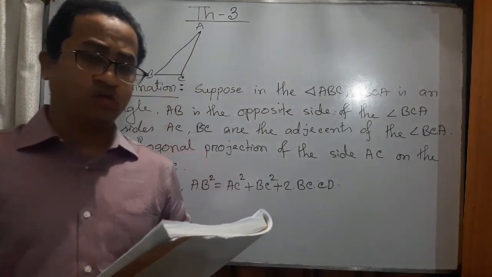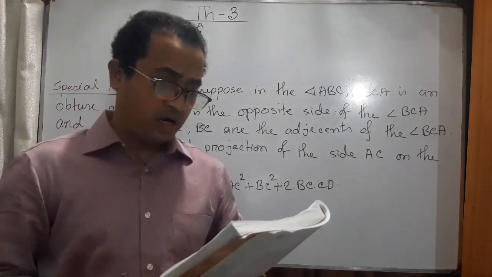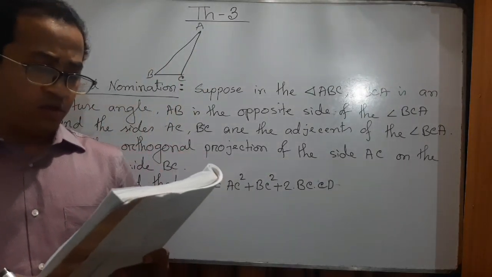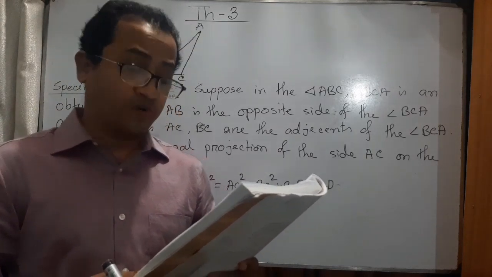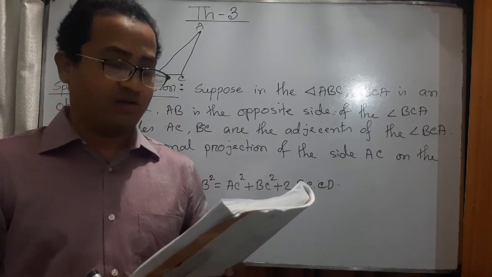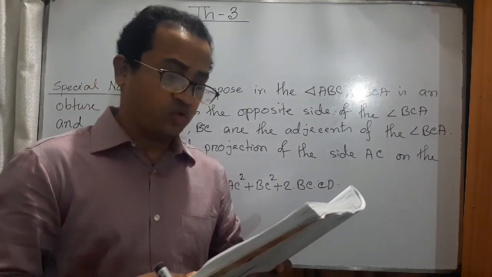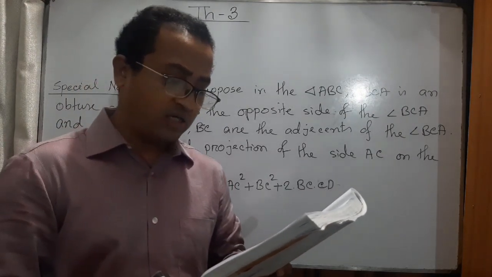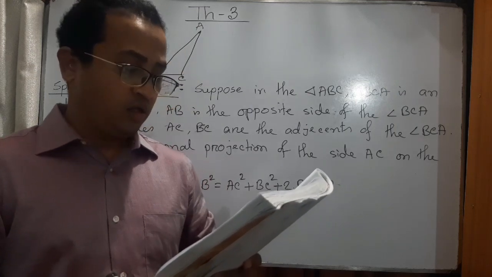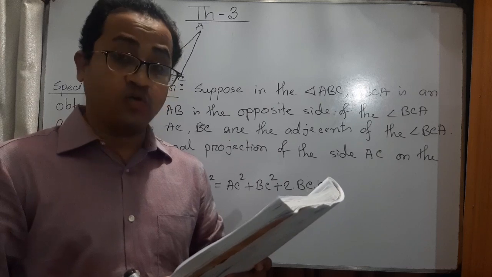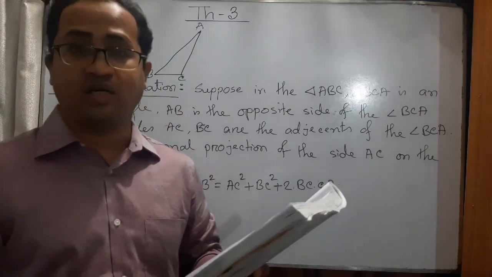I read out the question: the area of the square drawn on the side opposite the obtuse angle of an obtuse angle triangle is equal to the sum of the two squares drawn on the other two sides plus twice the area of the rectangle contained by either of the two other sides and the orthogonal projection of the other side.